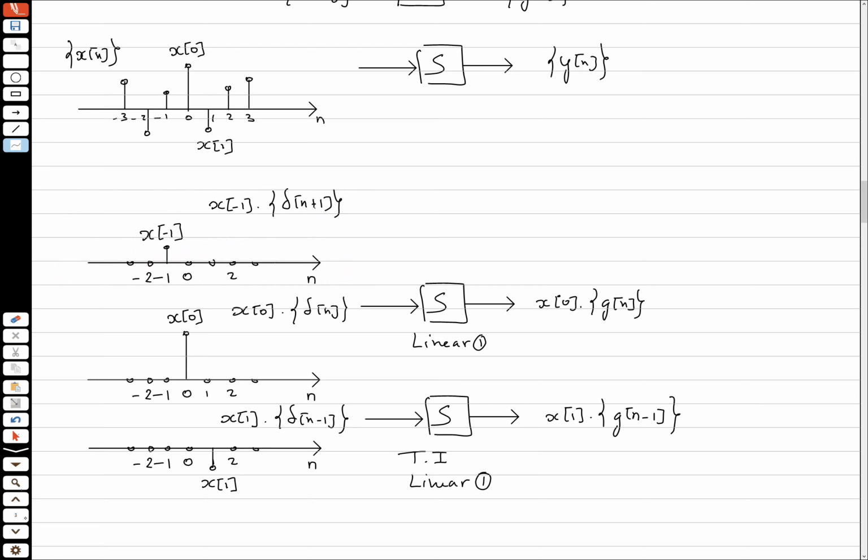If you input this into the system, you get x of minus 1 times g of n plus 1.